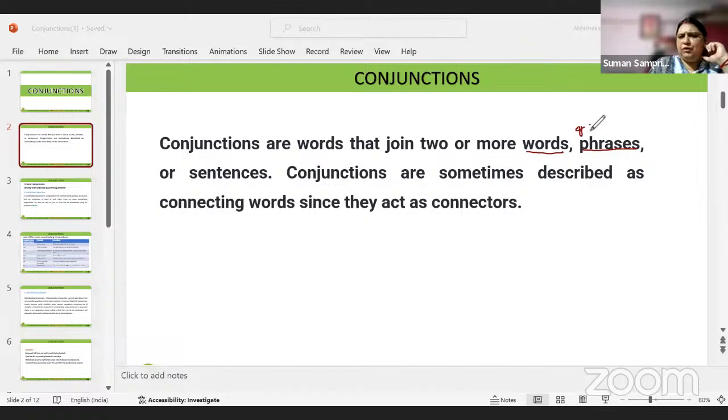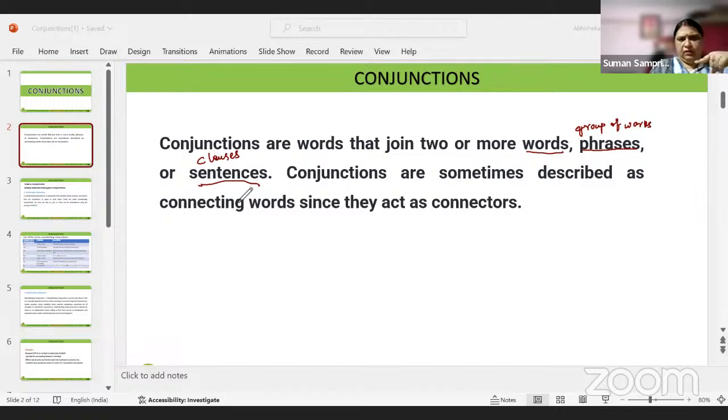Phrases are a group of words, a meaningful group of words, right? And sentences, or you can also mention them as clauses, because most sentences are also clauses.